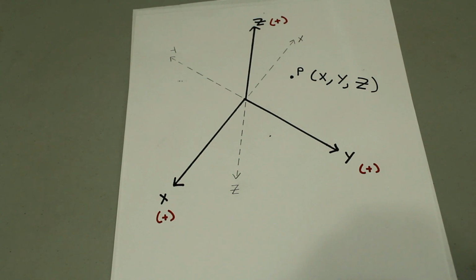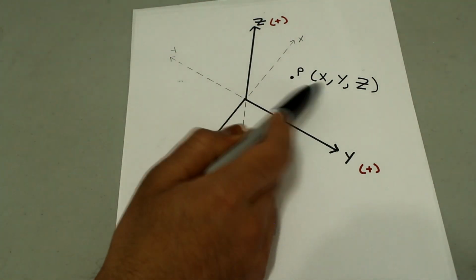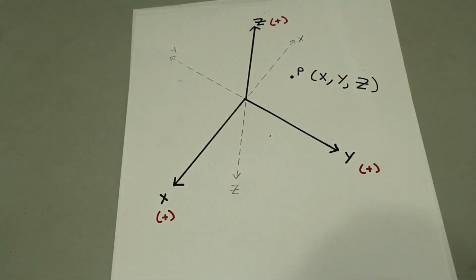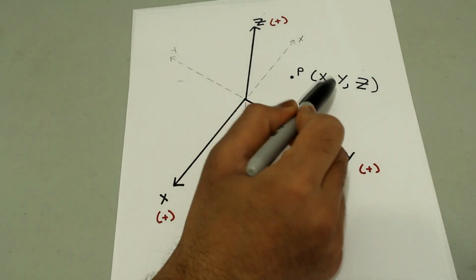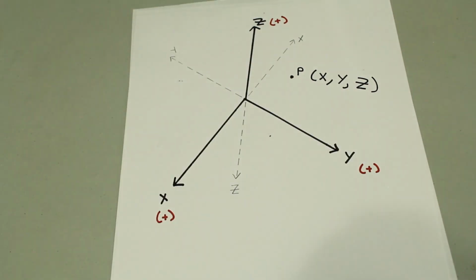When we write coordinates in a 2D system, we use an ordered pair, in x, y format. Similarly, when writing 3D coordinates, we use an ordered triple. Triple because there are 3 components. It's x, y, z in that respective order.